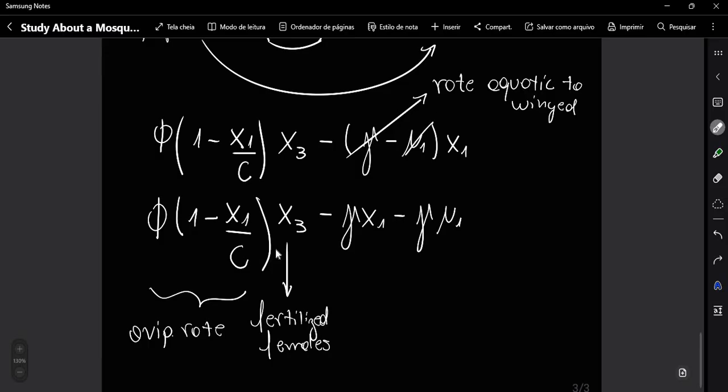Right here is the mortality rate. And right here is the aquatic phase with larvae, eggs, pups.